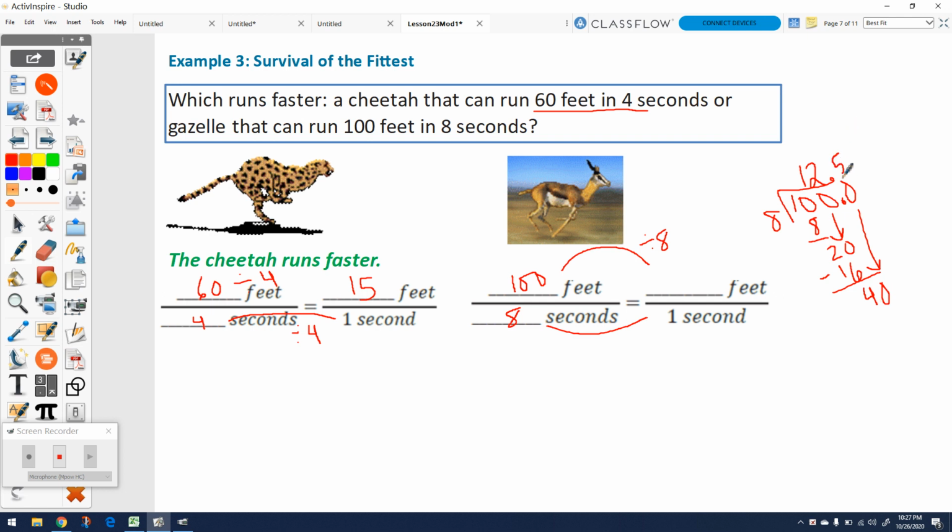So when I subtract, now it comes out beautifully. So it is 12.5 feet. So a gazelle can only go 12.5. The cheetah can go 15. So the cheetah is quicker than the gazelle.